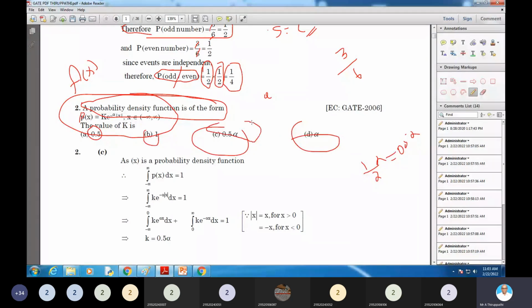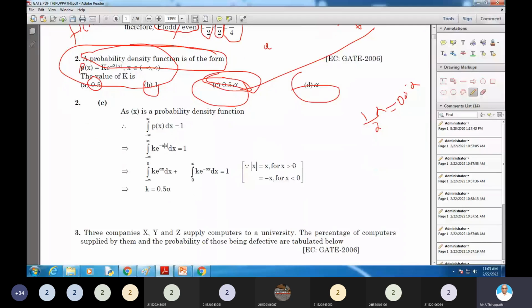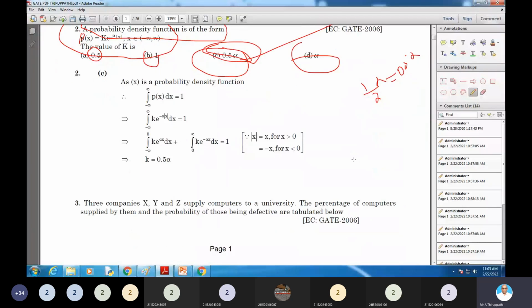But here a different method of integration is also possible. The integral from minus infinity to plus infinity of k e to the power minus alpha modulus of x can be split: from minus infinity to 0, x is a negative value, and from 0 to infinity, x is a positive value.